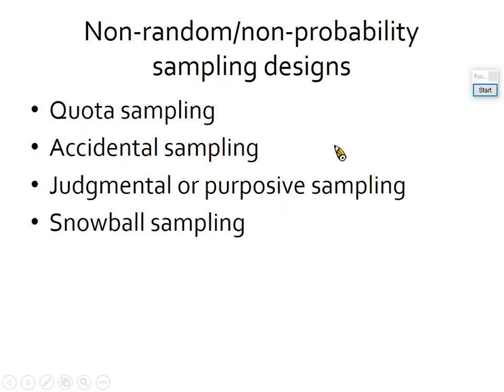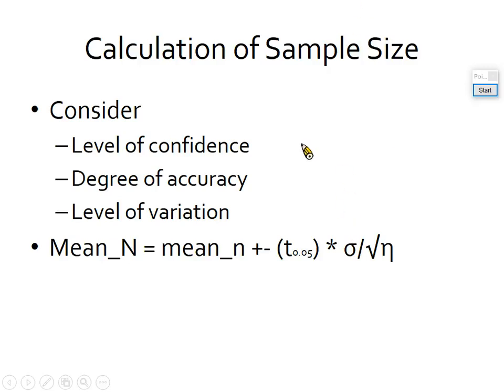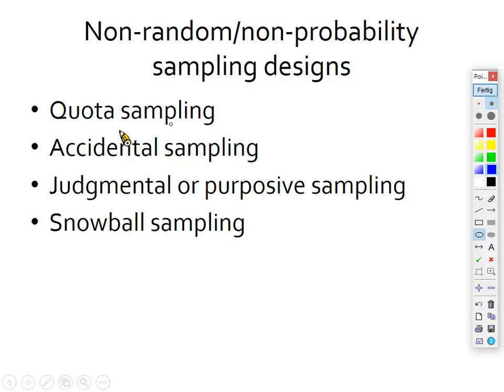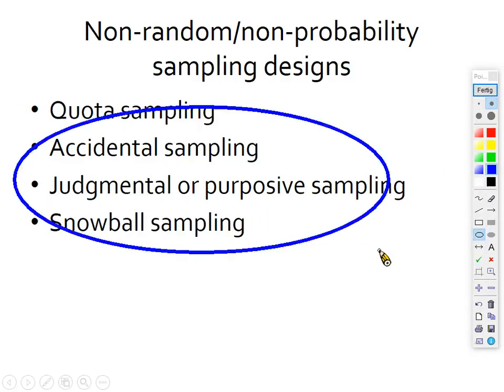If not, let's talk about non-random or non-probability sampling. We have different kinds. In social study, it's okay to use a non-random sampling strategy, but it is not okay for you to disguise your non-random strategy as a random strategy. It is cheating.